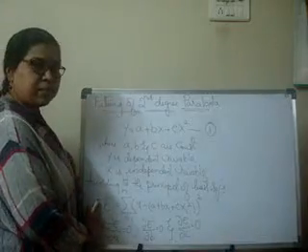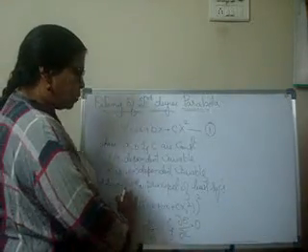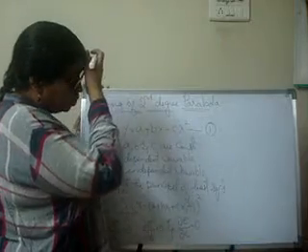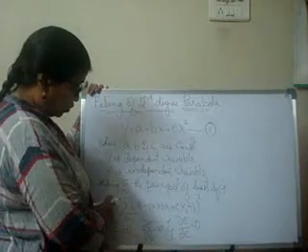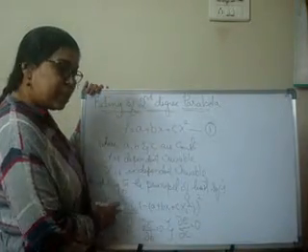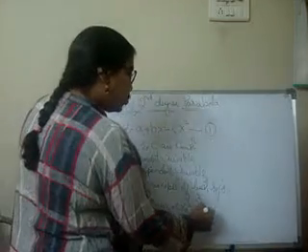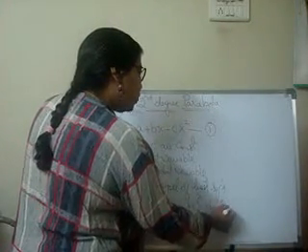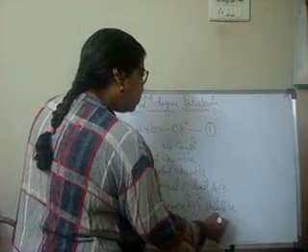First, take the error sum of squares, that is, you sum up all the errors and then square them. We are going to get the equation for the error sum of squares. Now, this error sum of squares should be minimum. How will it be minimum?